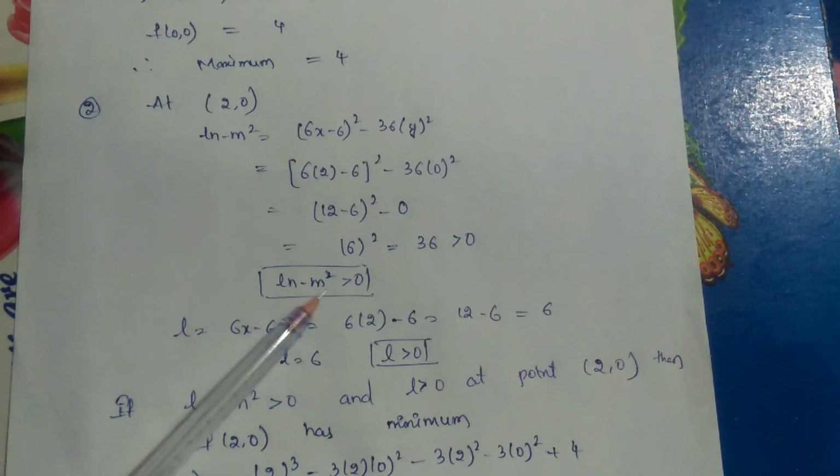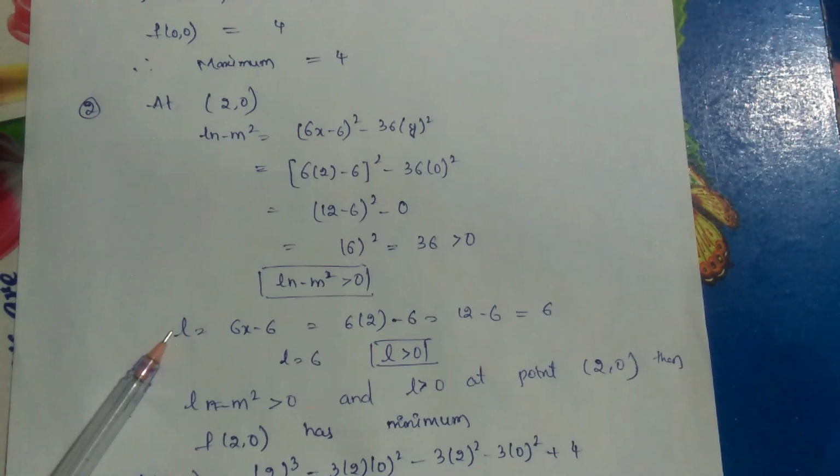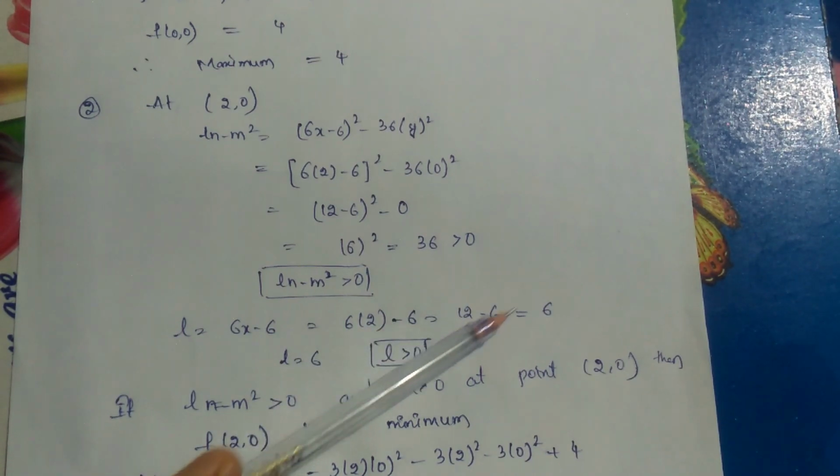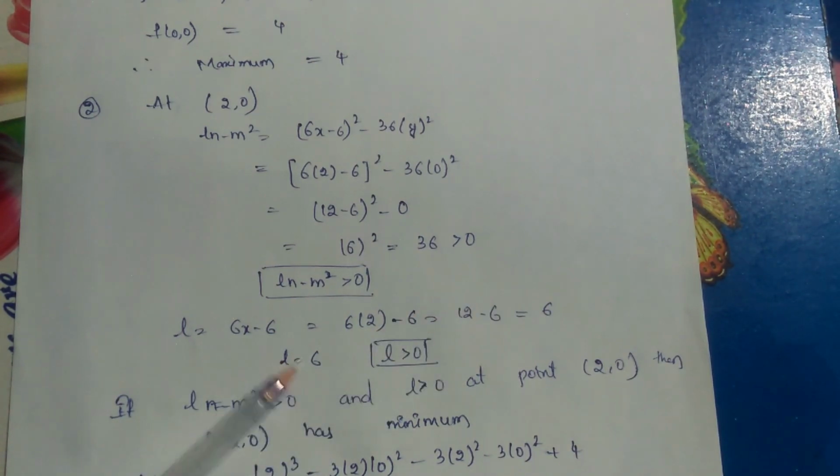So ln minus m square is greater than 0. Then we find the value of L, that L is equal to 6x minus 6. 6 into 2 minus 6 is equal to 12 minus 6, that equals 6. So 6 is a positive number, which is greater than 0, that is L greater than 0.